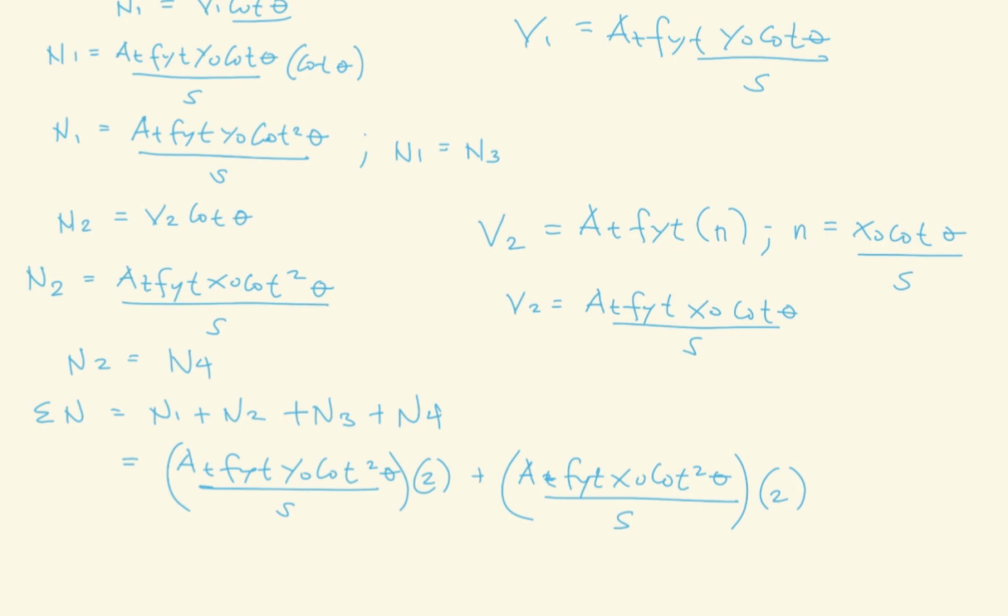We note that N is equal to the total cross-sectional area of the longitudinal reinforcement. We'll say it to be equal to A sub L. This is multiplied by the yield strength of the longitudinal reinforcement.